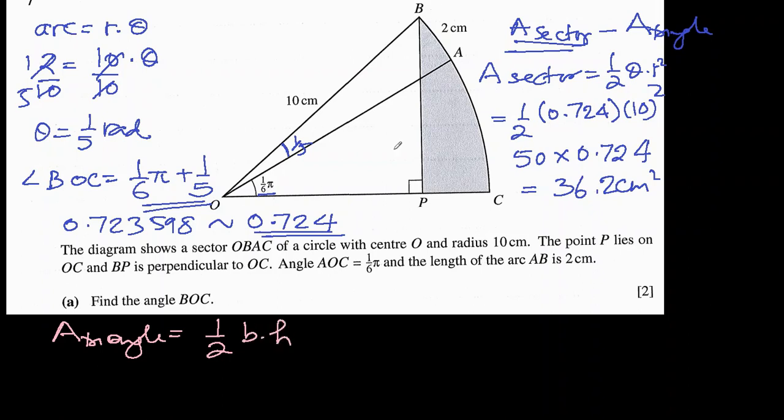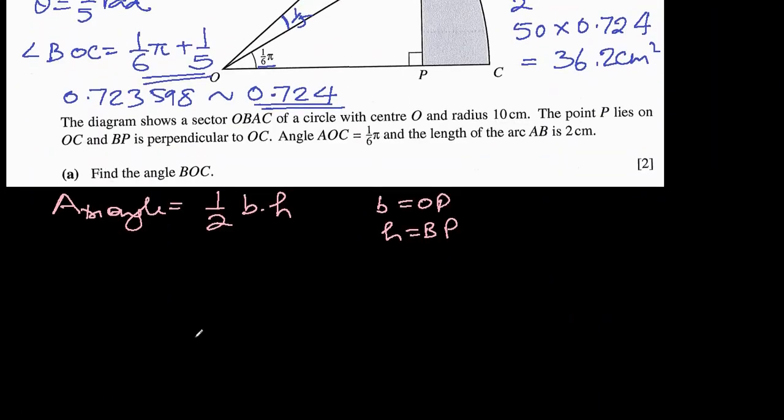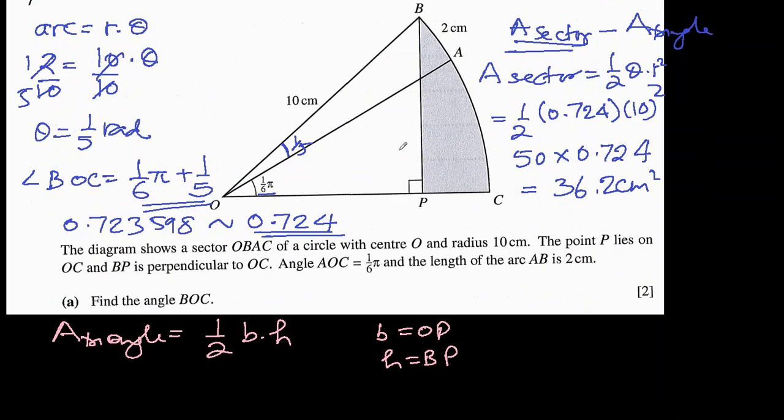In this triangle, OP is base, and height will be BP. Now, let's try to find them one by one. First, let's say OP. So we can say that OP divided by 10 will be cos of this angle, isn't it? So let's do that.